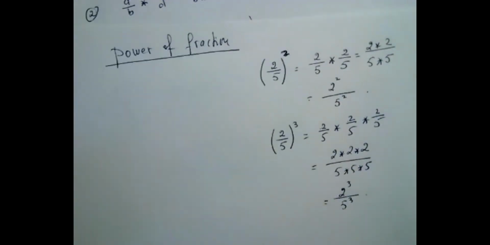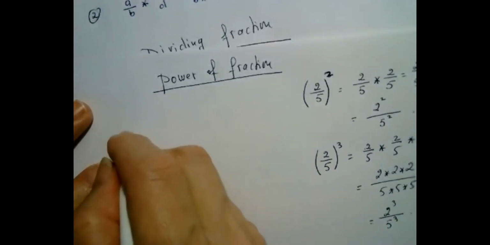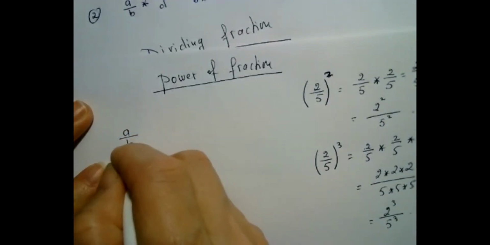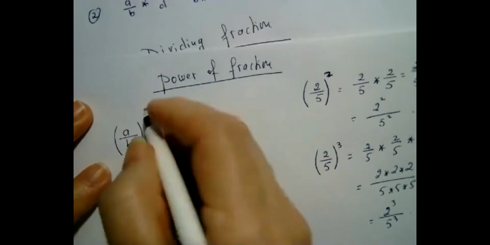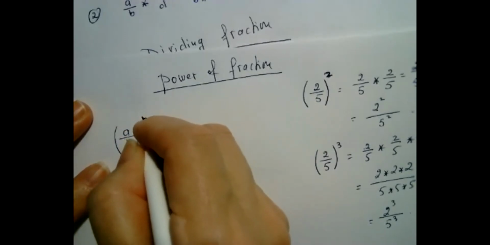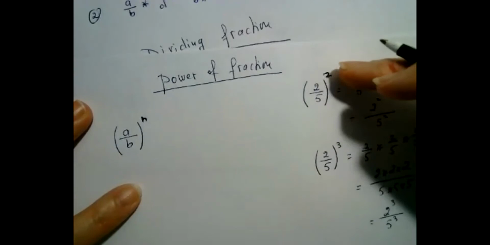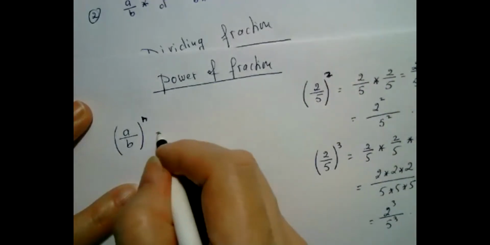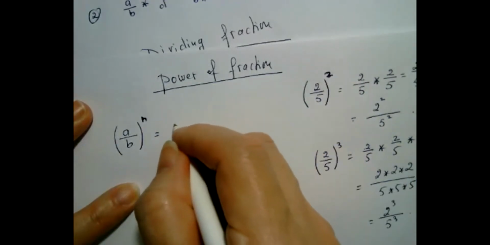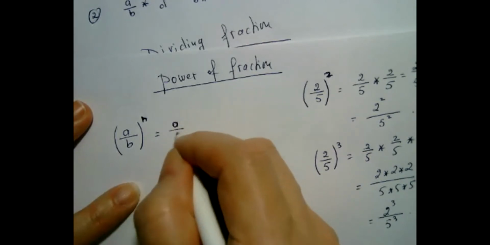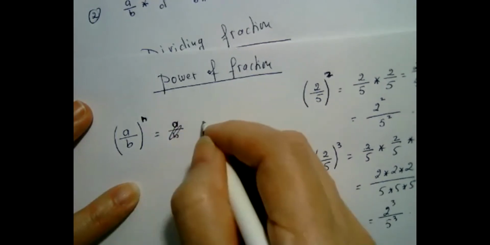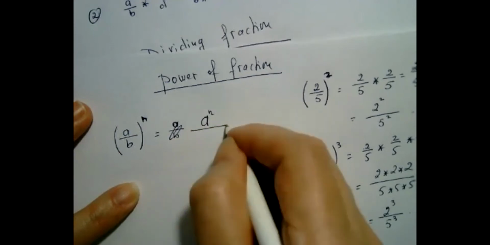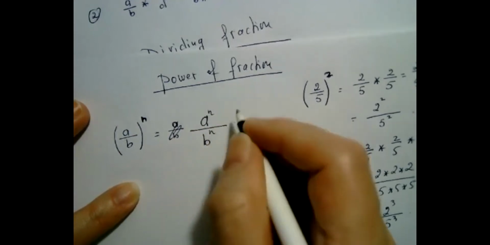So in general, if you have a fraction A over B and you raise it to any power, suppose I call the power n, which could be 2 or 3, it's basically A to the power n over B to the power n.